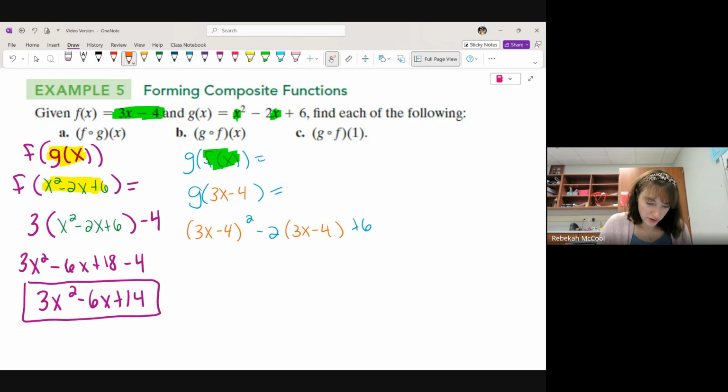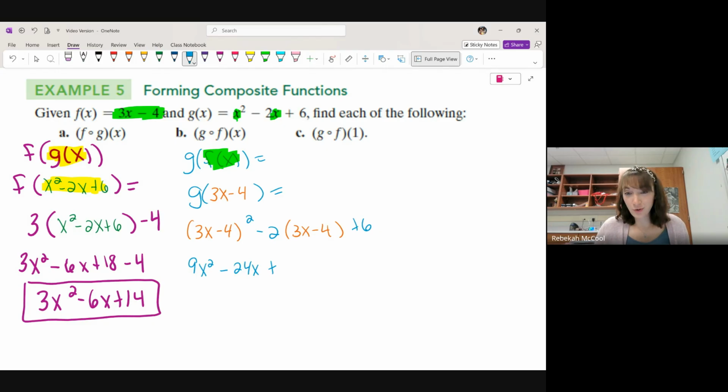All right, so what's our result? So 3x minus 4 squared. Using the rule for squaring a binomial, you start by squaring the first term. So 3x, that quantity squared, 3x times 3x, that becomes 9x squared. And then you're going to, in this case, subtract because we've got a minus in between, double the product of the terms. So 3x times 4 is going to be 12x. We double that to get 24x. And then plus the last term squared.